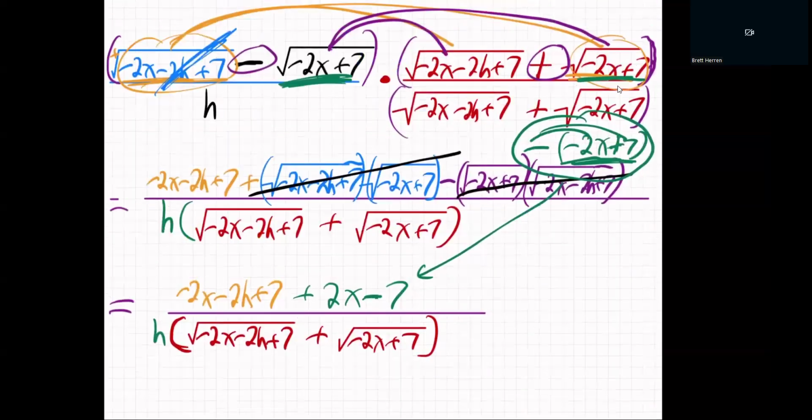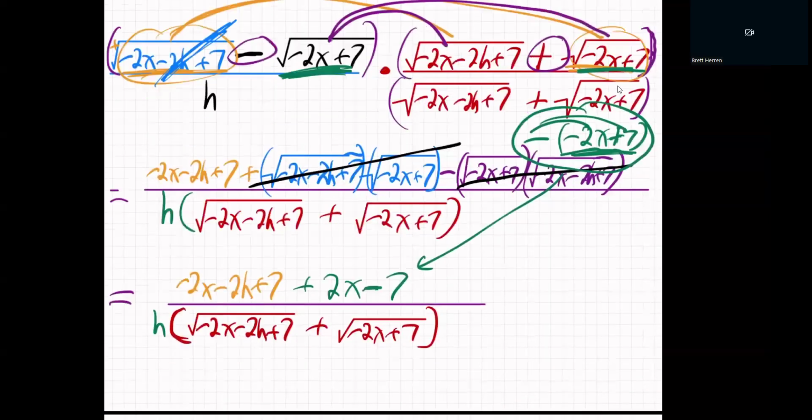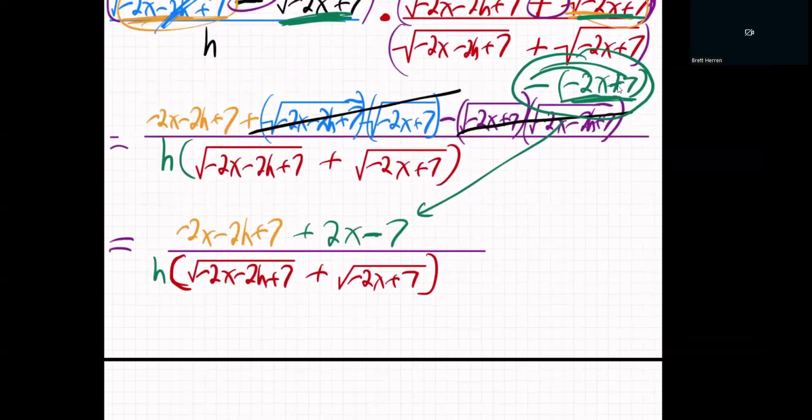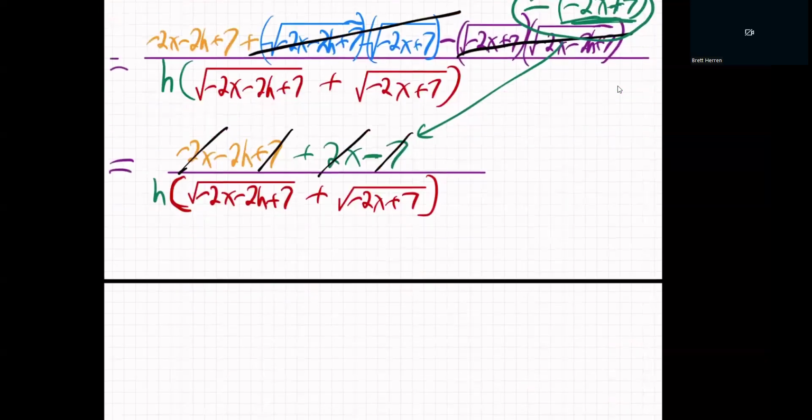Okay, now you're starting to see the nice thing that's going to happen. Probably popping before your eyes now, right? Look at that top. Something really nice. Minus 2x plus 2x, plus 7 minus 7, right? So now what do we have on the top? Only minus 2h is all that's left on the top. On the bottom, nothing's changed.